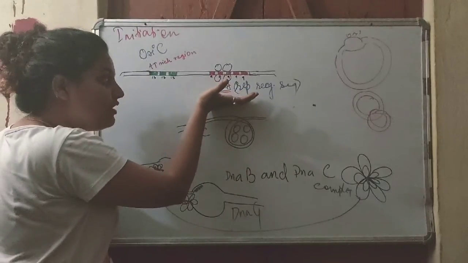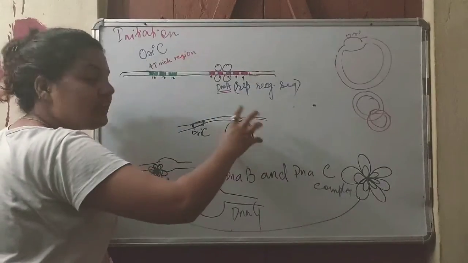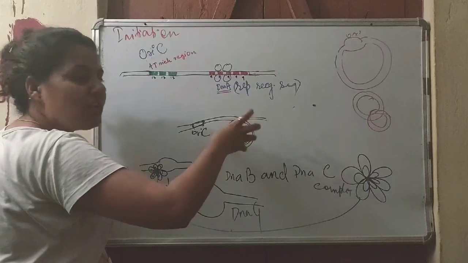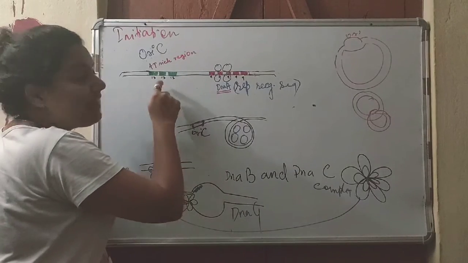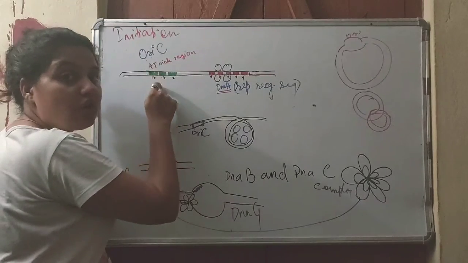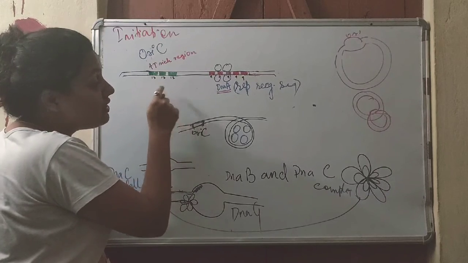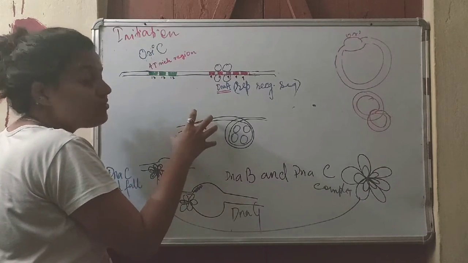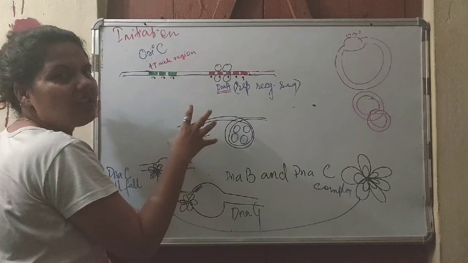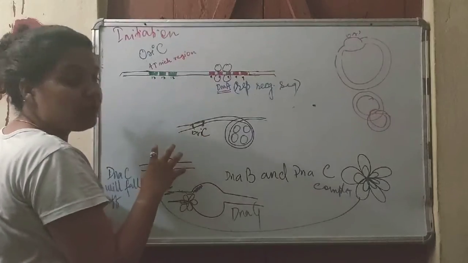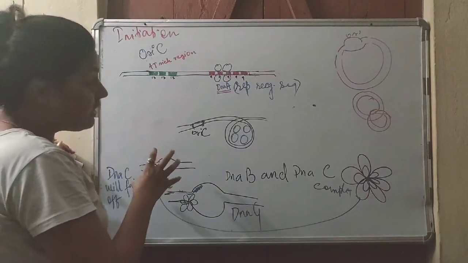Due to the binding of DnaA, it will create negative supercoiling and pressure in the AT rich region, which is the origin of replication, and due to this the AT rich region will melt, and the melting of the AT rich region will lead to the formation of the replication bubble.